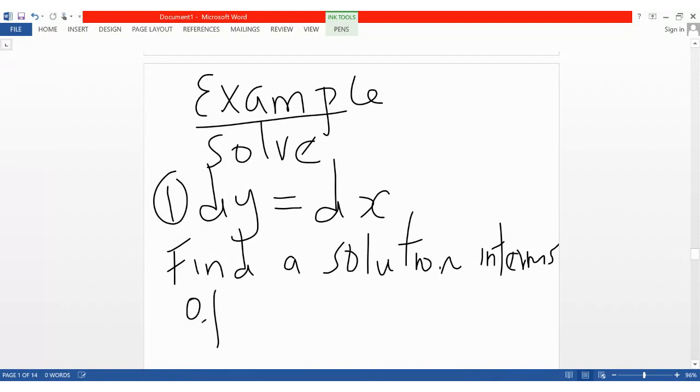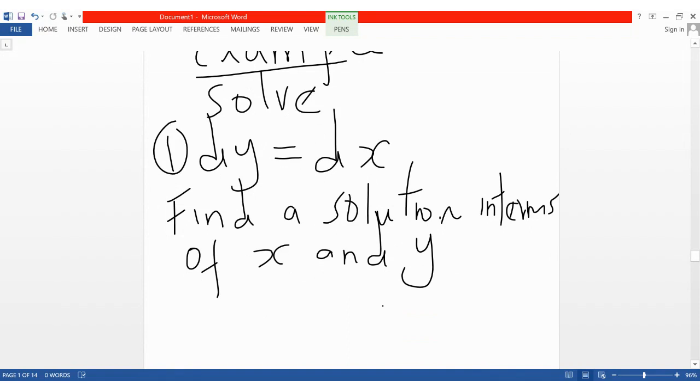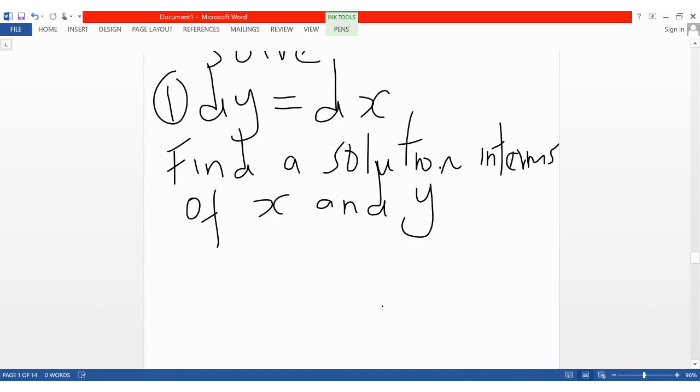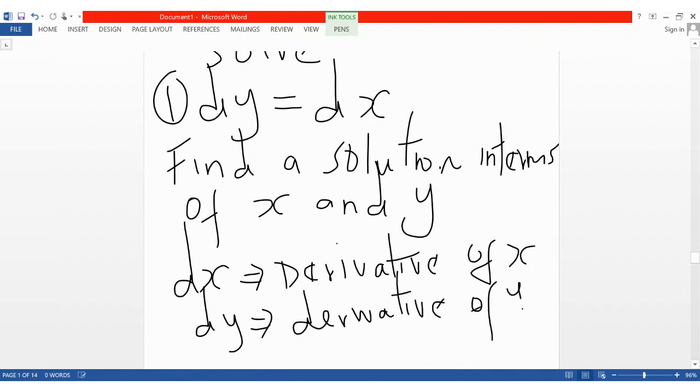Now check in my equation: I don't have x and y, I have dy and dx. I'm not multiplying d times x or d times y. Remember that dy signifies that I've differentiated y; the d is one quantity. So dx means the derivative of x, and dy means the derivative of y. It is one complete function on its own when you read it.